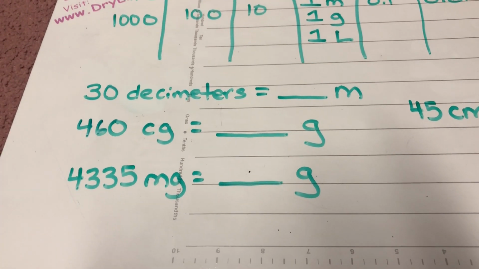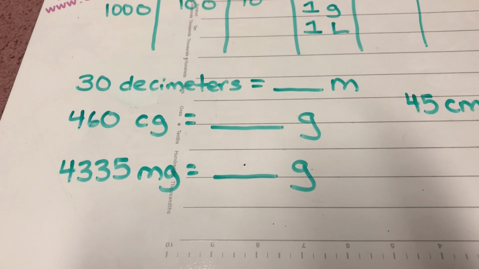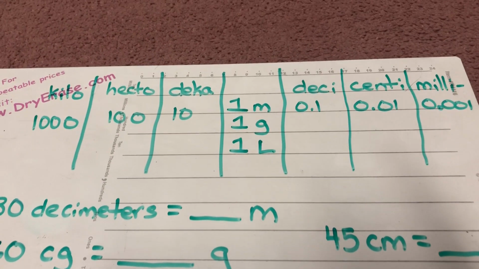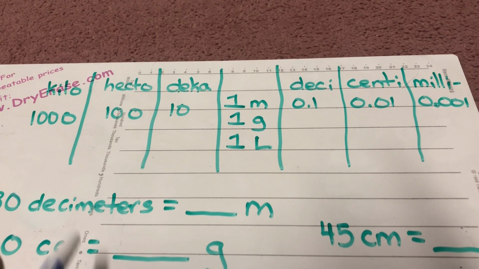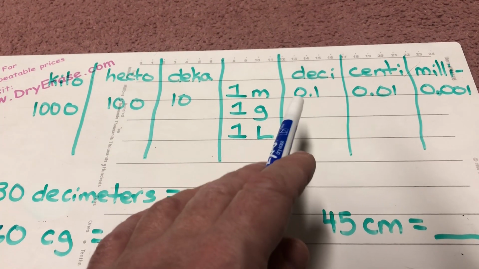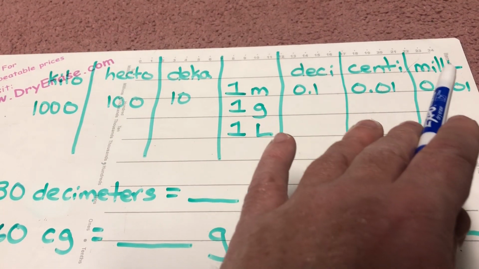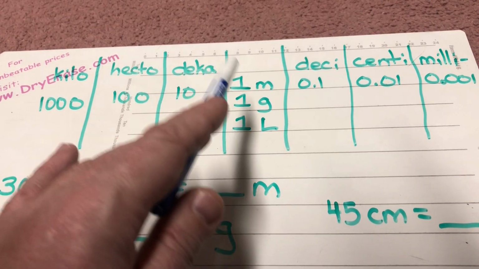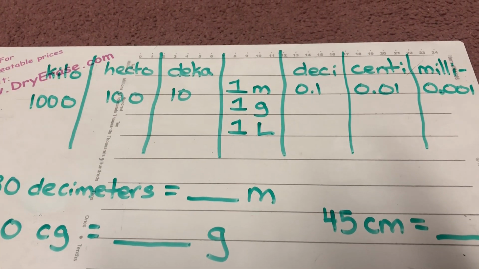Now, first of all, we have two different types of problems that we could have. And let me go back to the chart to talk about these. We can have it where we're converting a larger unit to a smaller unit, so like deciliters becoming millimeters or hectograms becoming grams or whatever the case may be.